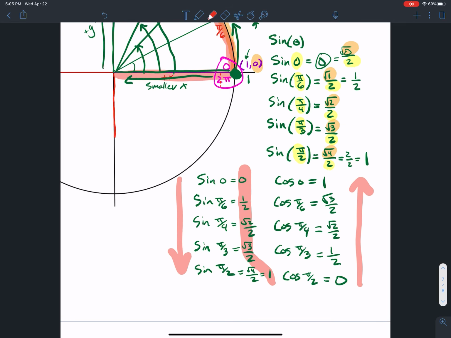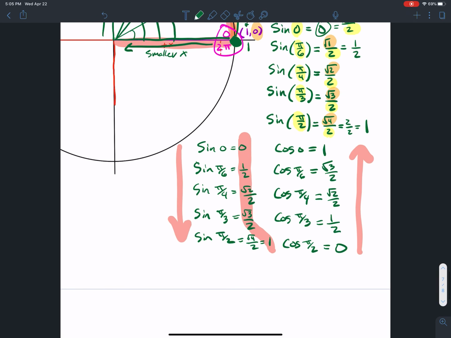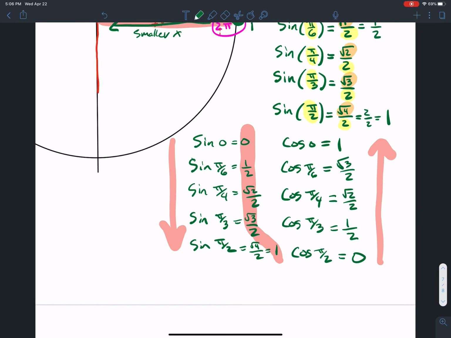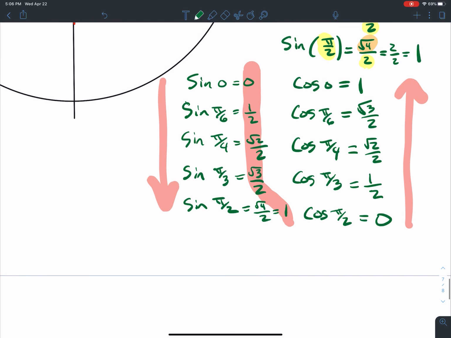And once you have the sines and the cosines, then all you've got to do is use your trigonometry rules to get the tangent, secant, cosecant, cotangent. If you think about it, sine of theta is equal to your y, and cosine of theta is equal to your x for the unit circle.